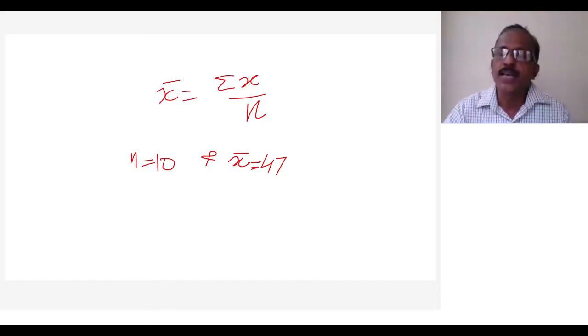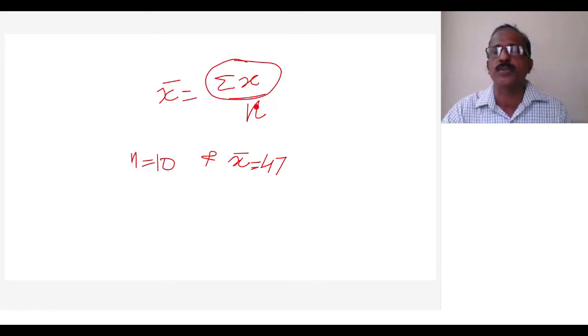In the calculation of sigma x, a wrong number 34 is taken, but actually the correct value is 43. So to get the correct mean, we subtract the value 34 from sigma x and add 43.